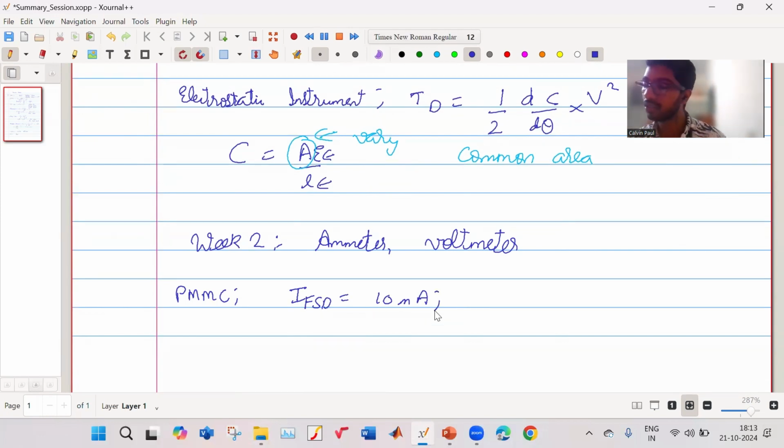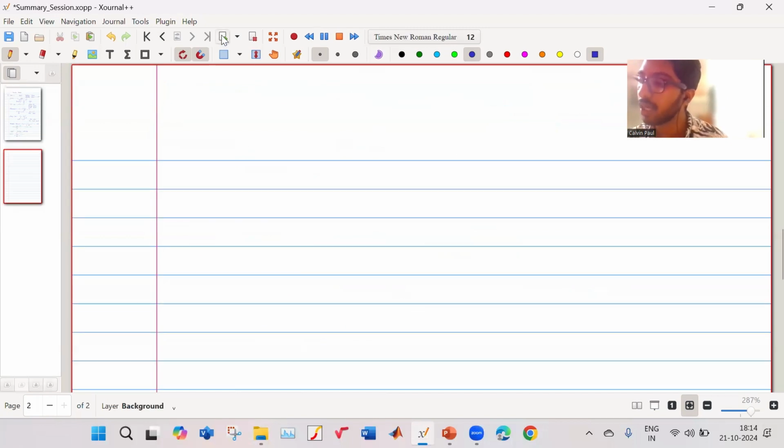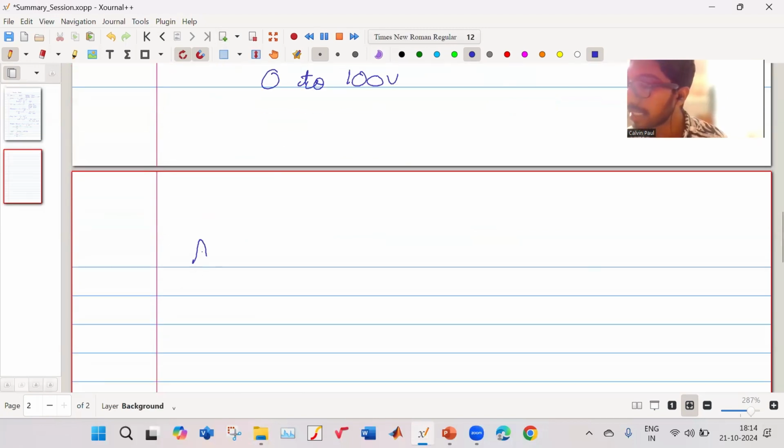I want to use it to measure current from 0 to 1 amp, or a voltage of 0 to 100 volt. This PMMC instrument has some internal resistance, let us say 100 ohms. In all these questions, you connect some resistor in series or parallel to extend the range, so you can use it for current or voltage measurement.